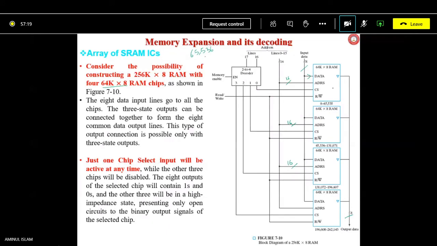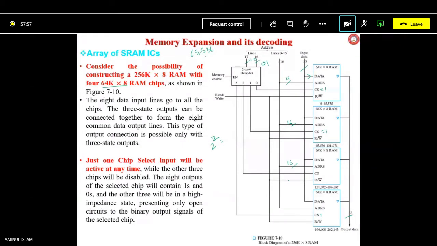So this many can be accessed. You are going to access 4 times more, since 4 chips are there. So 4 times means 2 more address lines are there. Those are given to the decoder, and the decoder gives 4 outputs. When these 2 are 0 0, this one is going to be high. Is it selected or not? This is high. Yes, sir. When it is 0 1, this one will be high. And when both are 1, this will be high.